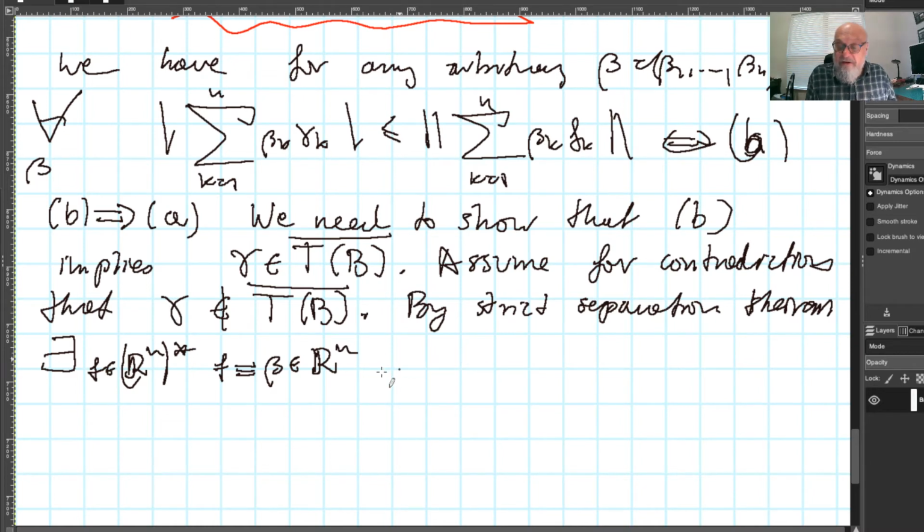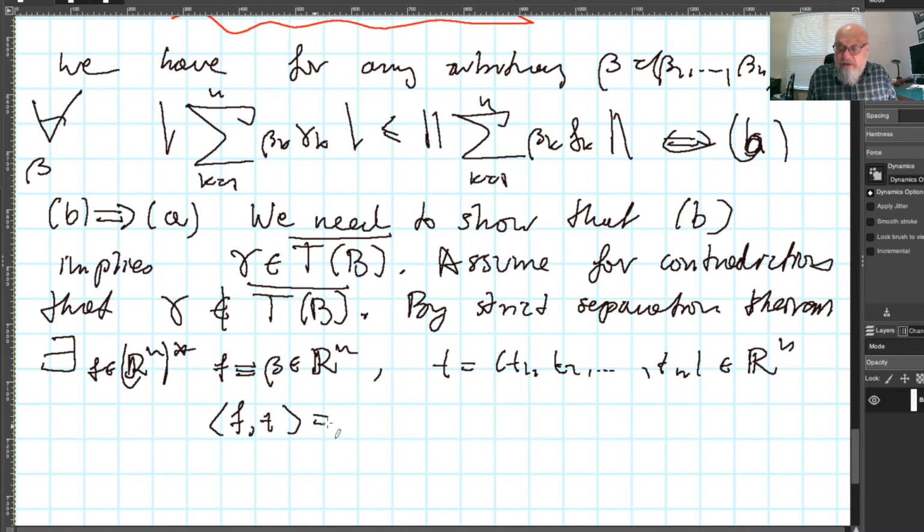So put it like this. If you take T as (T1, ..., Tn), this belongs to R^n. So this functional applied on this vector T can be written as the sigma, k equal 1 to n, beta k tk.